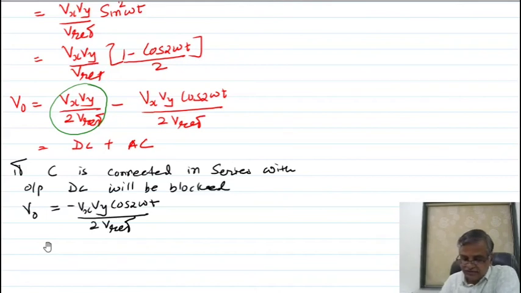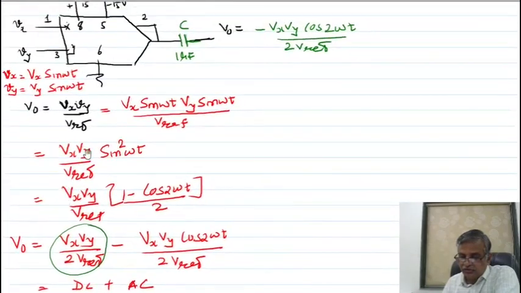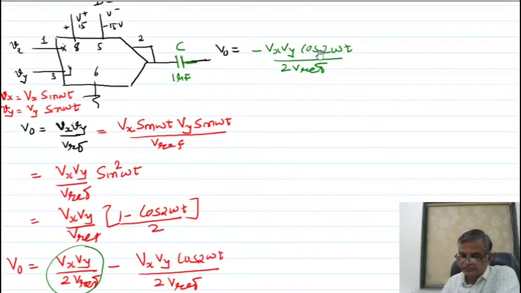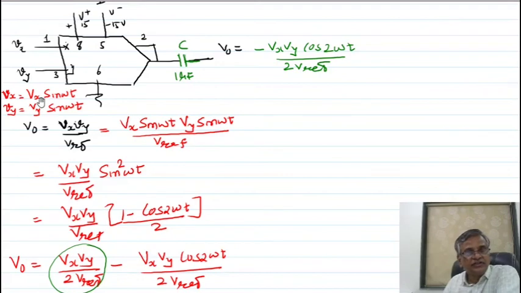So this AC signal has a frequency double that of the input signal, as you can see here. In this way you can use the multiplier IC to get double the frequency of the input signal.